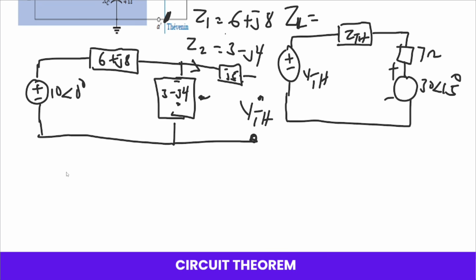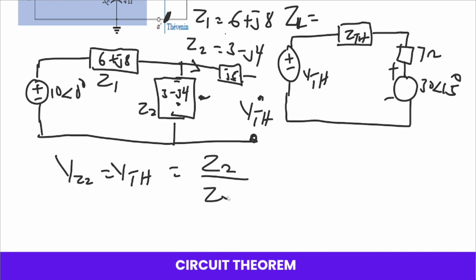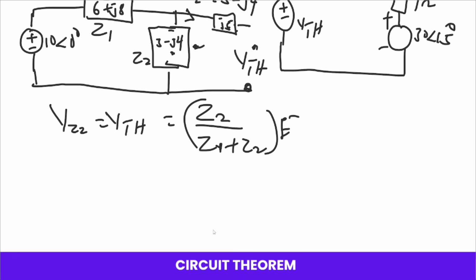We can use voltage divider. The voltage across Z2 is the same as VTH, and it's given by the voltage division: Z2 over Z1 plus Z2, all multiplied by the voltage E.